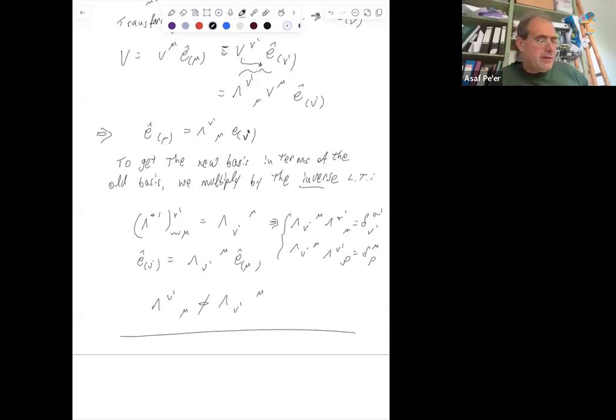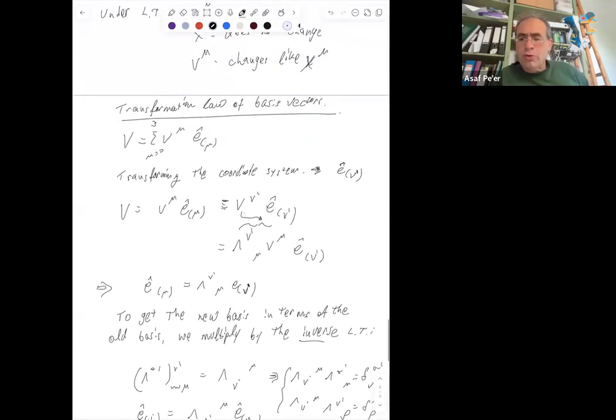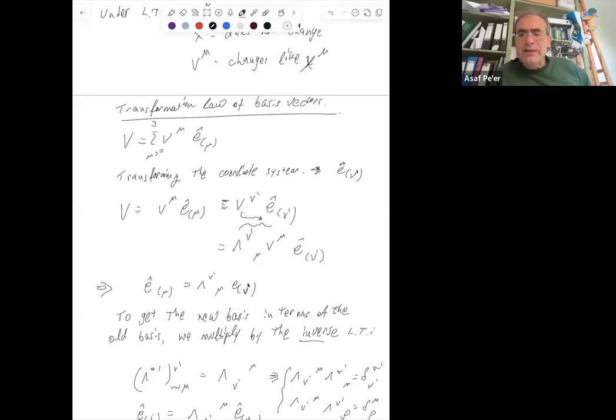To switch the coordinates from O to O prime, we define the vector such that its components transform the same way as the coordinates, but this is opposite to the transformation law of the set of basis vectors.